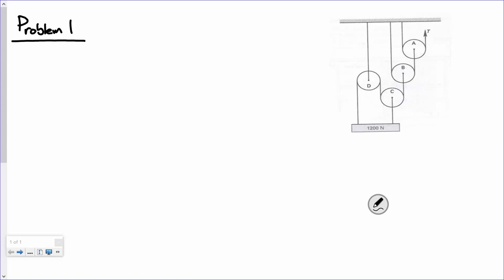So let's look at pulley number A. Pulley A looks like this: I have my little wheel on the pulley, and I have a rope going like that. I'm pulling on this with some tensile force T.